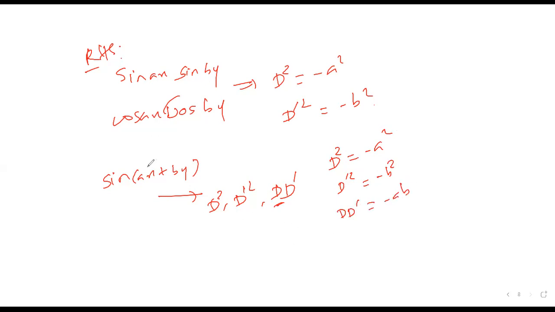But in our earlier question, what is our question? Cos AX cos B case, we don't have D into D dash, right? So in this you have to put 0, I guess. So if you have only D squared and D dash squared, use this.